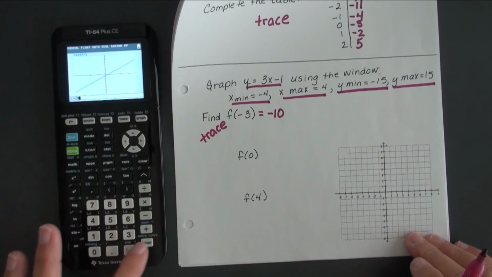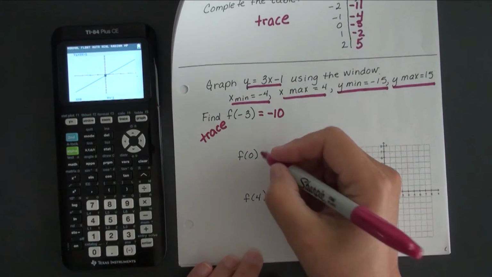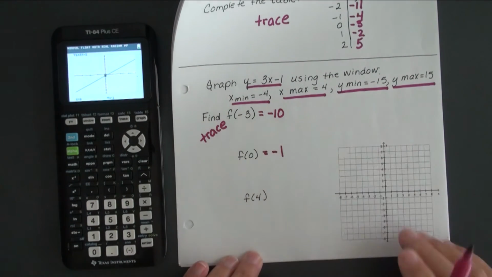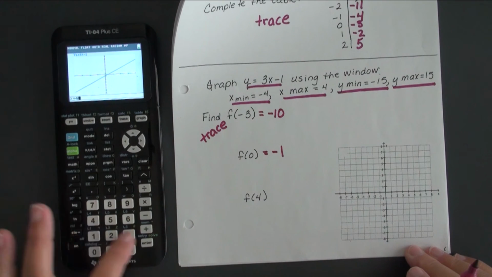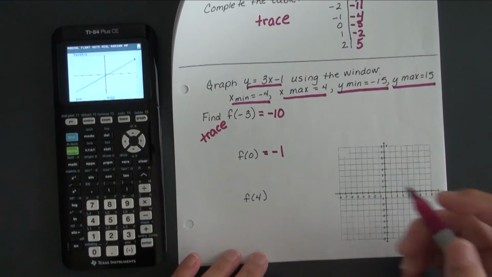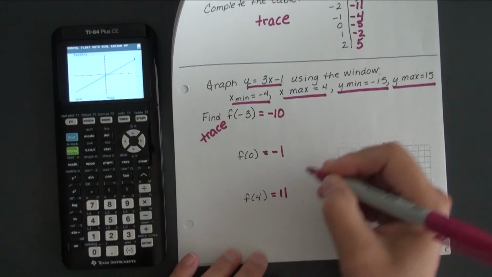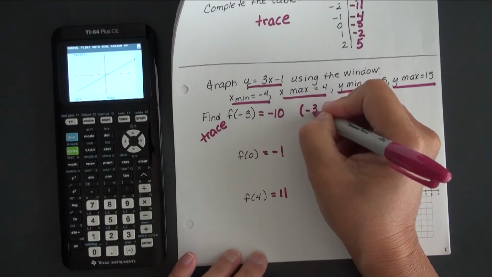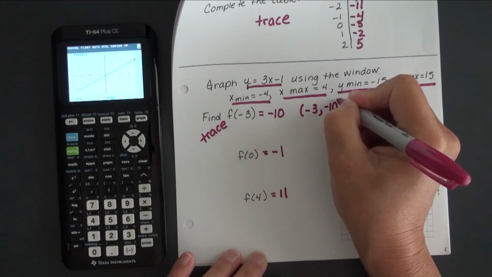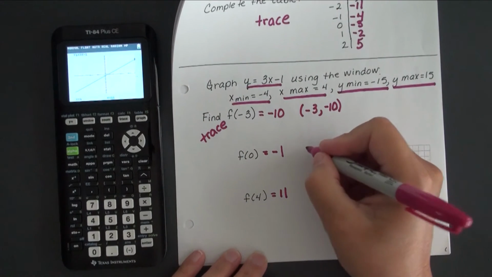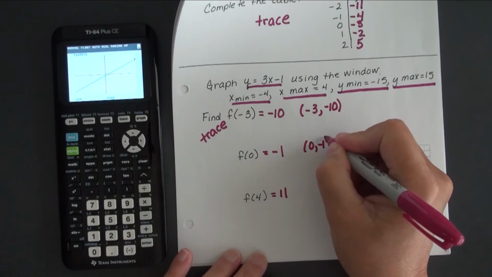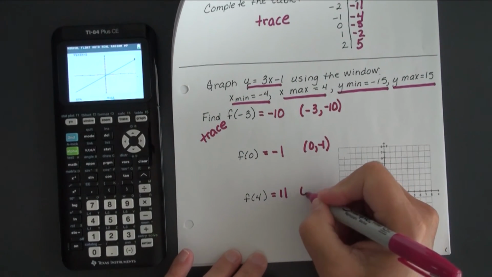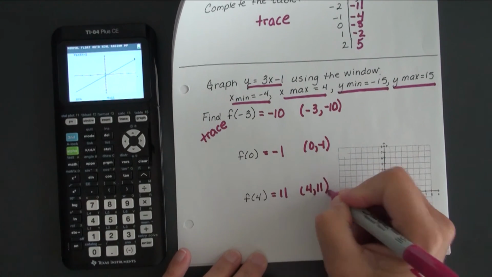I'll put in a 0 and enter, and I get -1. And I'll put a 4 in and enter and get 11. So what that tells me is that the point -3, -10 is on my graph, 0, -1 is on my graph, and 4, 11 is on my graph.